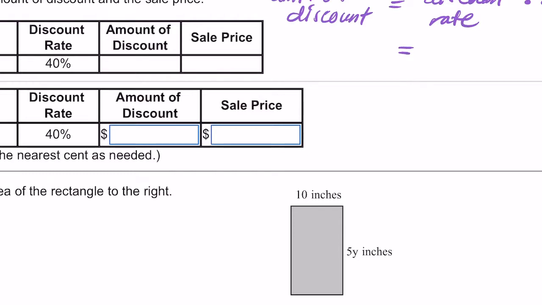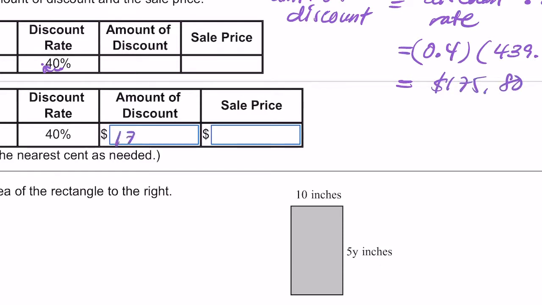So remember, 40% would be 0.4, because you're moving the decimal point back 2 places to the left, and then times the original price, which would be $439.50. And when you multiply them, you get $175.80. So that's the amount of discount.